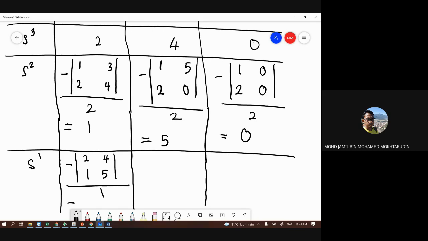So you get 10 minus 4, 6. Negative 6. And then the next column, 2, 1, 0, 0, divided by 1. So you get 0. The third column is also 0. No need to calculate, but you can calculate it if you want.